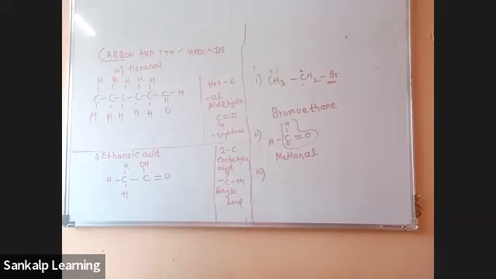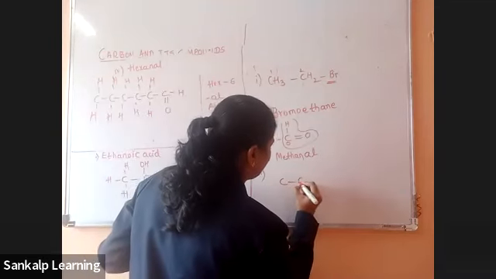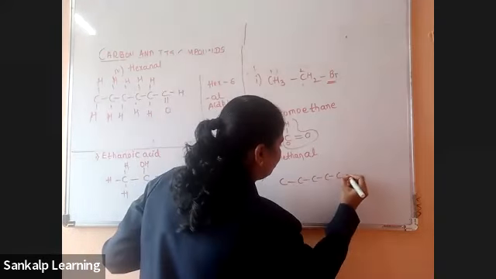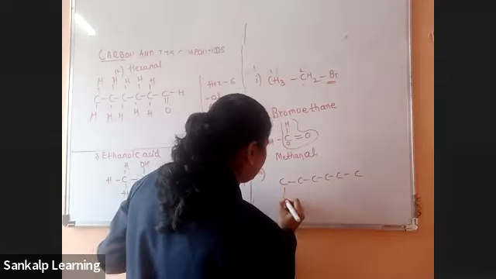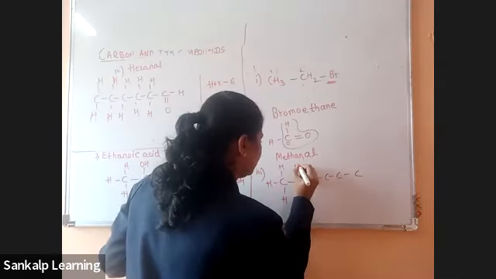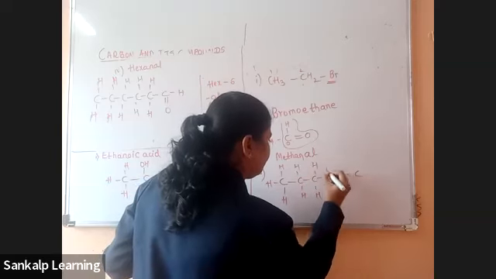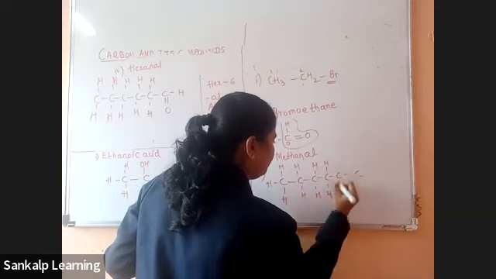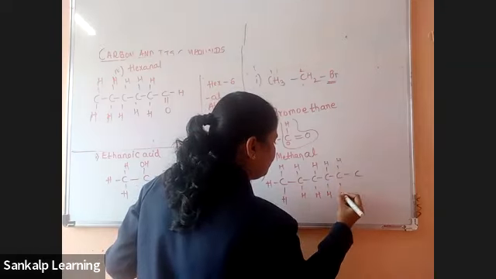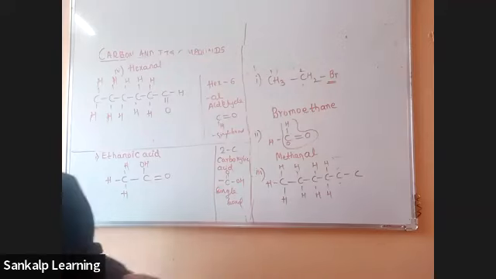1, 2, 3, 4, 5, 6. So we have 6 carbons. Okay. So let me finish the tetravalency of the carbon atoms. C. Okay.